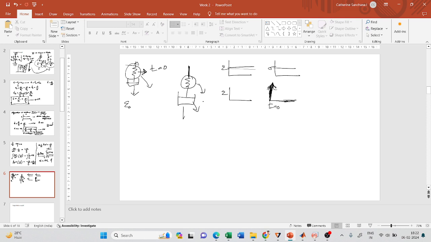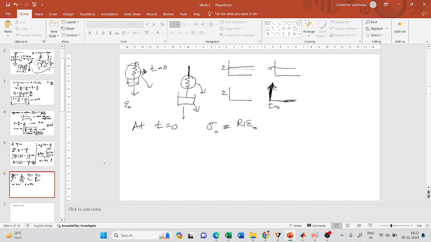It will deform only after time t equals zero. So at time t equals zero, the contribution of the strain will be only from the spring. So that is why at time t equals zero, the stress in the material will be only from the spring.